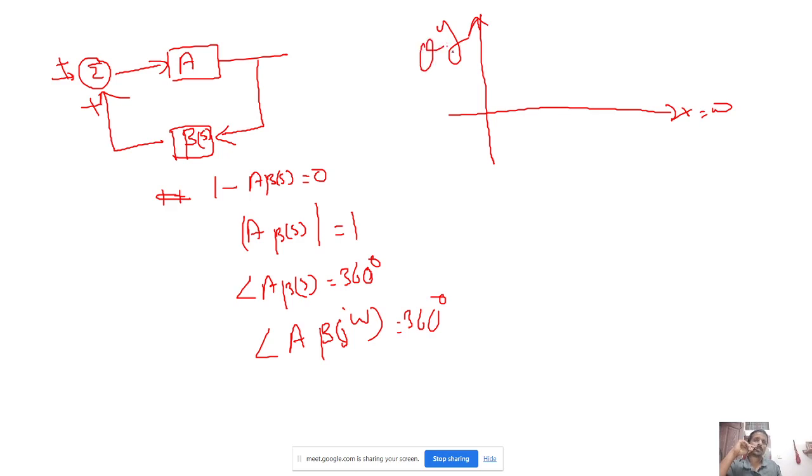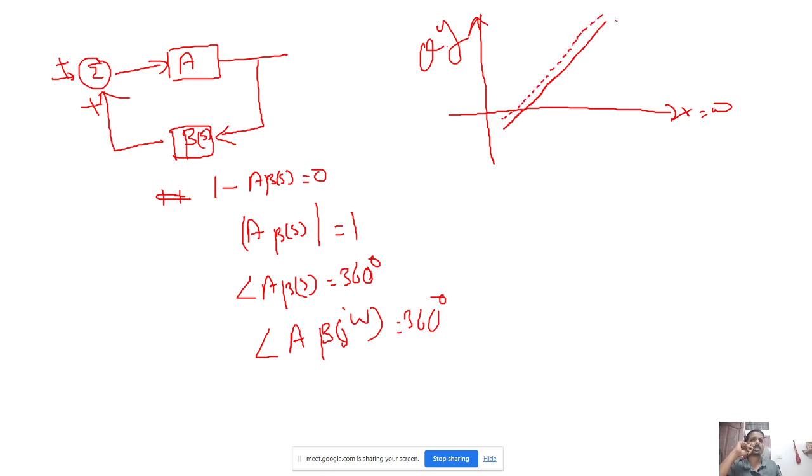Y is theta. So for example like this. Perturbation, right? Somewhat like this.